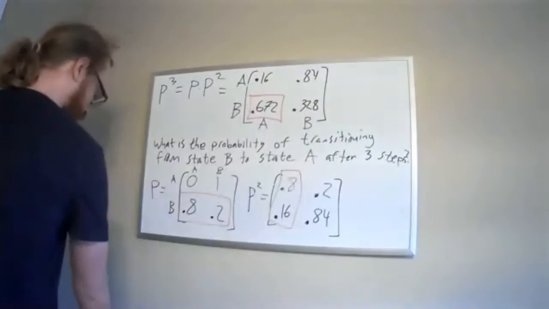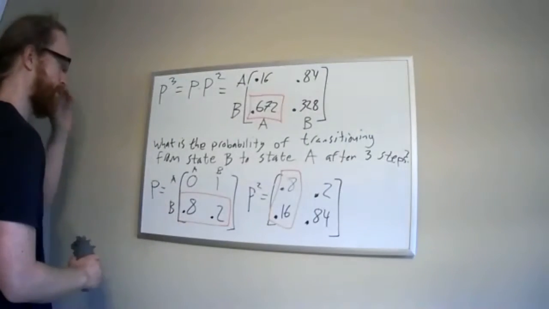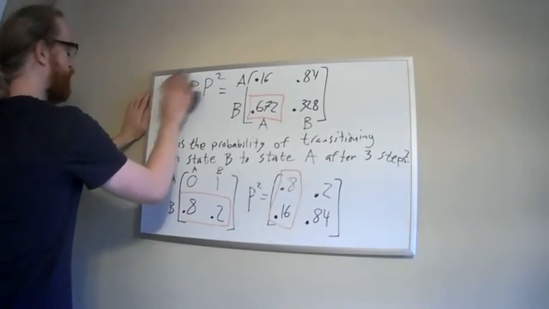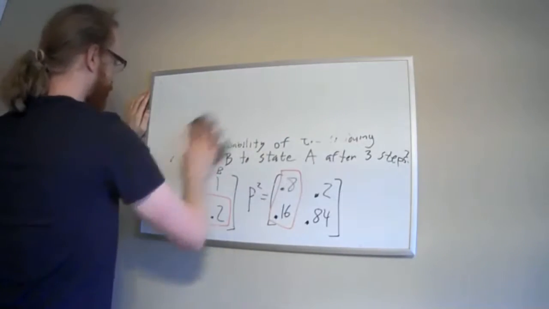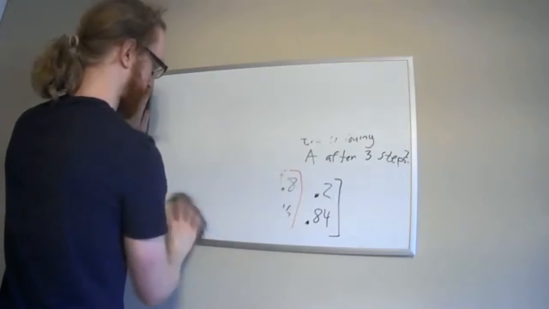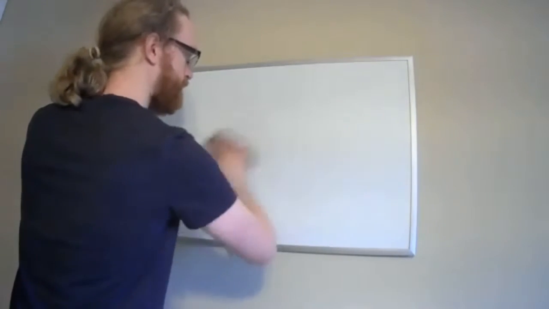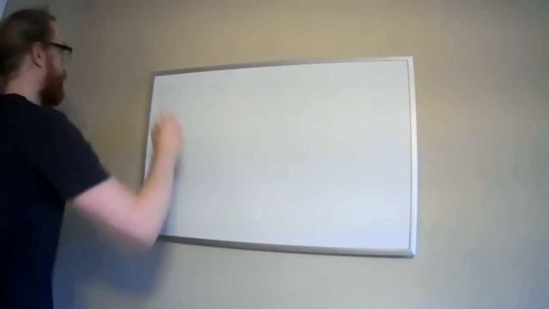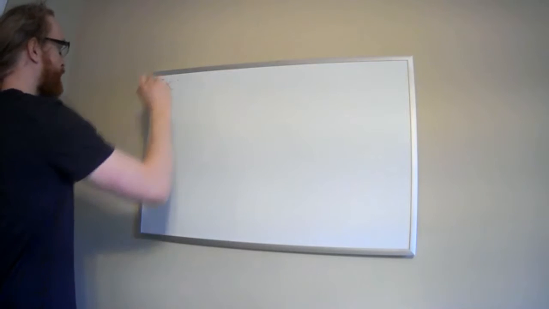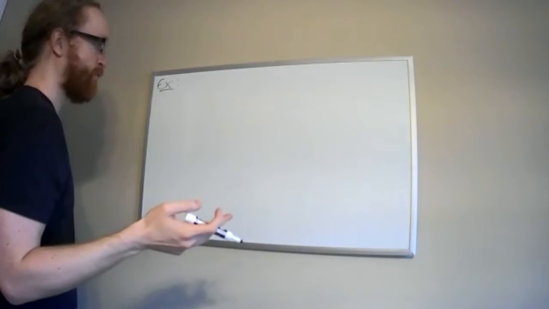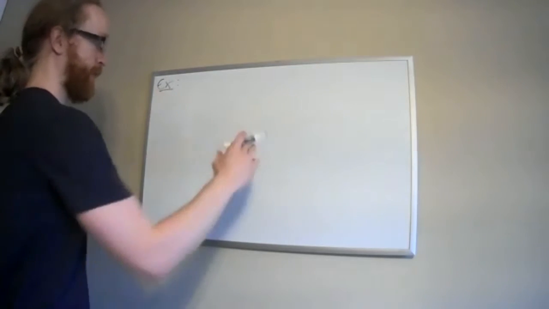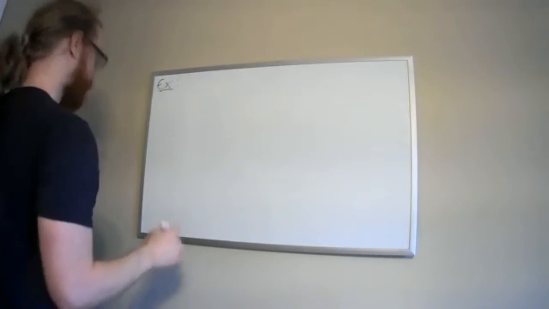So I'm going to do another example here, something a little more complicated, in the sense that instead of a 2x2, let's look at a 3x3 situation. Again, I'm just going to draw a transition diagram, and from there we will find the matrix and the appropriate power to solve the problem.